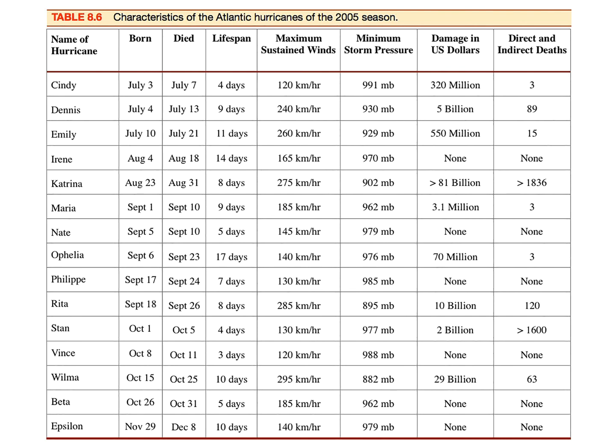That year was quite devastating. Katrina alone is estimated to have caused greater than $81 billion in damage. And there were several storms in the billion-dollar range: Dennis, Katrina, Rita, Stan, and Wilma.